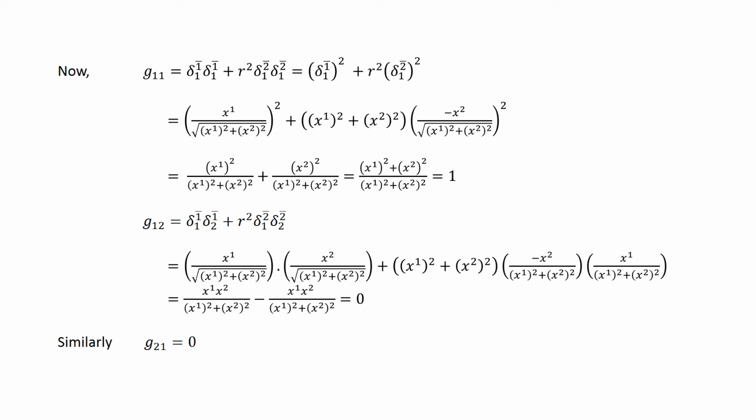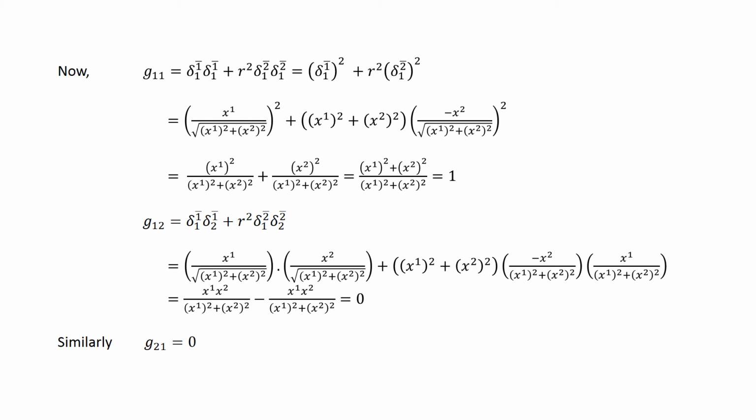Okay guys, in this step we have missed one thing. Multiplying these terms, x1 square plus x2 square, one term is cancelled with the term of r square, so we remain with x1 x2 over x1 square plus x2 square. So the first and second terms are the same, so these are cancelled, and the answer is 0.